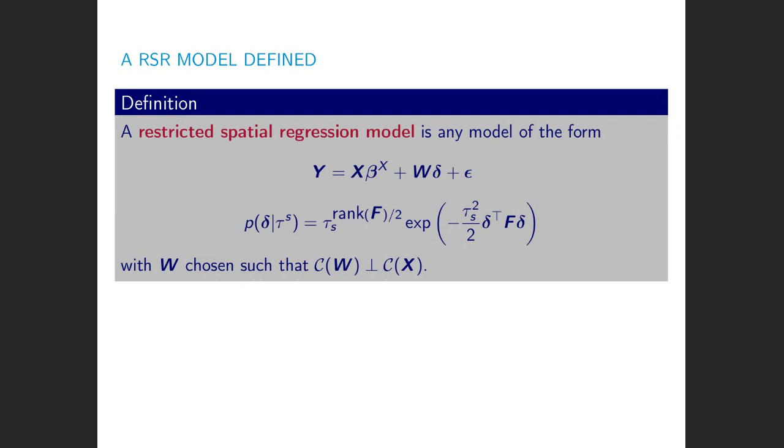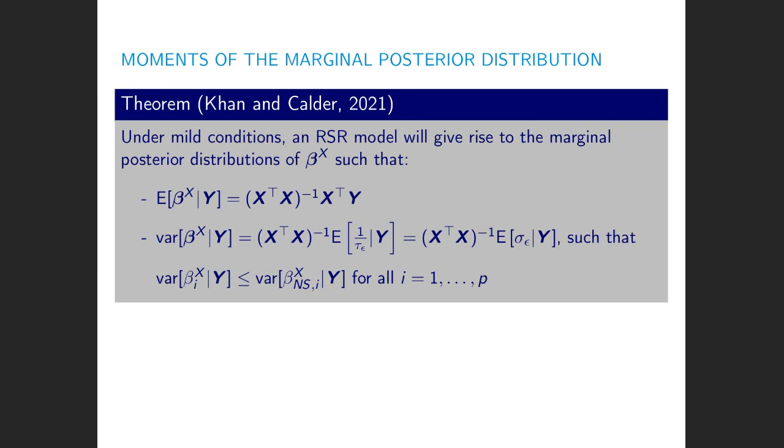With these two definitions in mind, we showed that this RSR model, defined on the previous slide, gives rise to a marginal posterior distribution of beta x such that the marginal posterior mean of beta x is (X transpose X) inverse X transpose y, just the standard OLS estimate of beta.